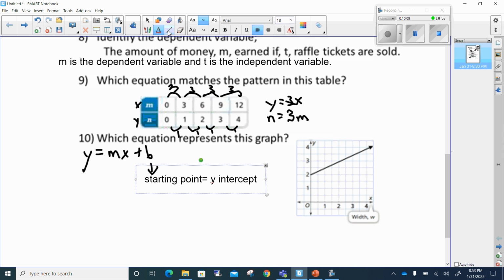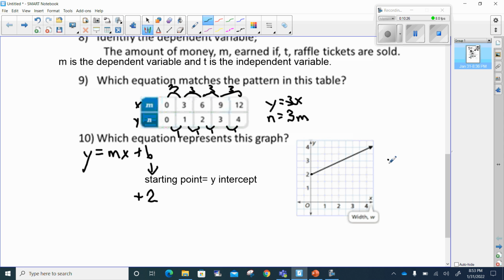We know it crosses through y right here at the number 2. So that means b has to be 2. Next, we know that m is going to represent our rise over run. Rise is how much it goes up. Run is how much it goes over.